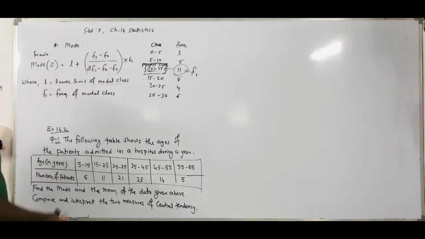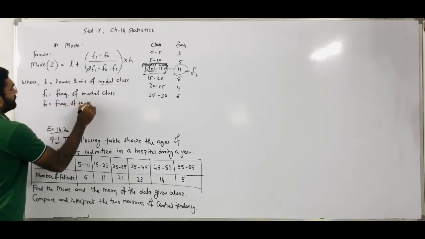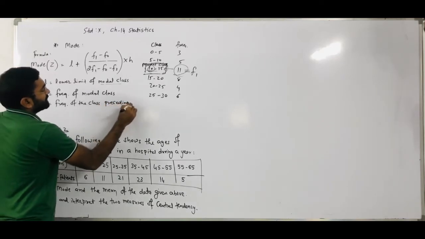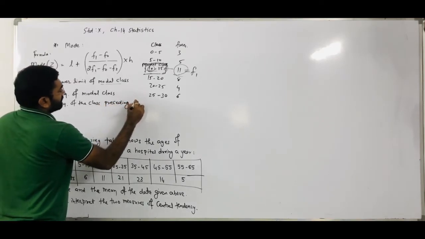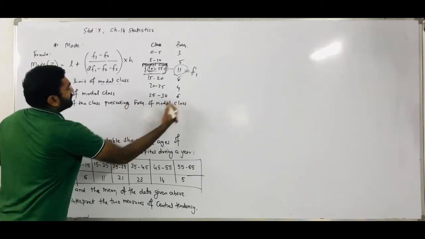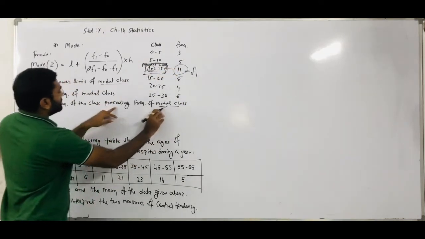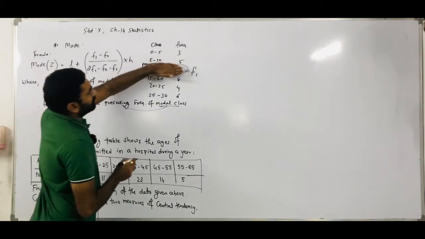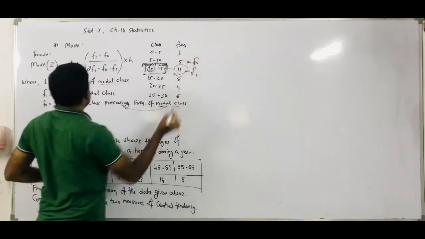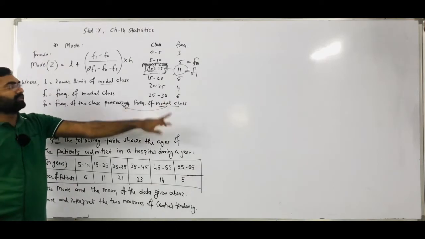Now F0 represents the frequency of the class preceding the modal class. The preceding class is 5 to 10, and that class frequency is our F0, the frequency of the class preceding the modal class.